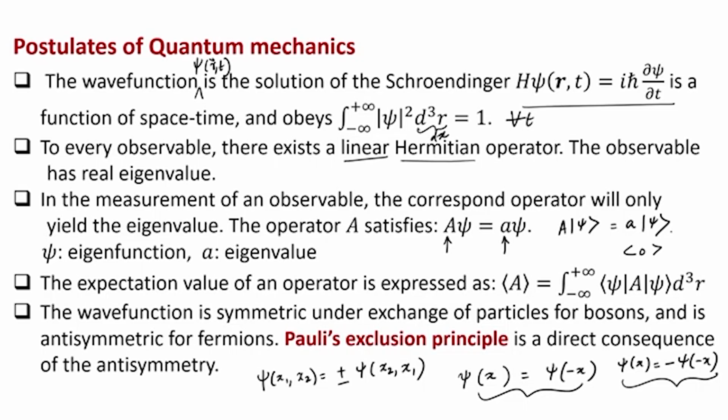If you allow for spin, then of course a spin up and spin down can still occupy the same position. Otherwise the wave function will be equal to 0, which means it is strictly prohibited for 2 electrons to occupy the same quantum state with all their quantum numbers identical.